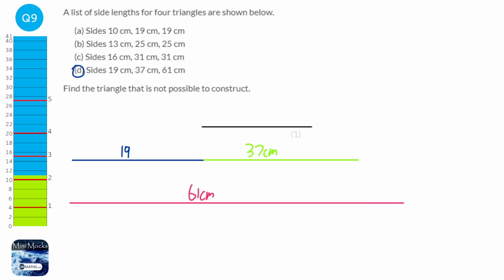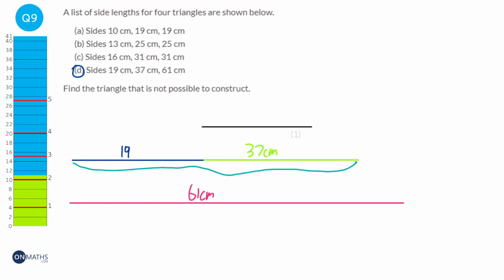Now, looking at the first two sticks, the actual combined distance of them, so when we add them together, would be 19 centimeters plus 37 centimeters, is 56 centimeters. So that's the combined width of them. And you can see that that actually wouldn't be able to create a triangle if the third stick is 61 centimeters.